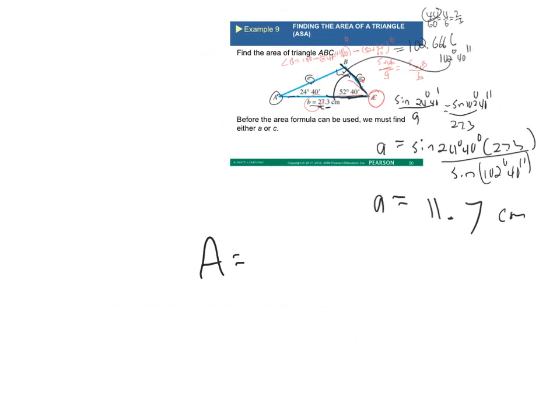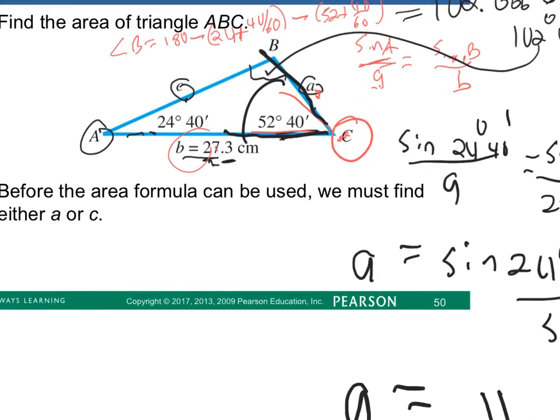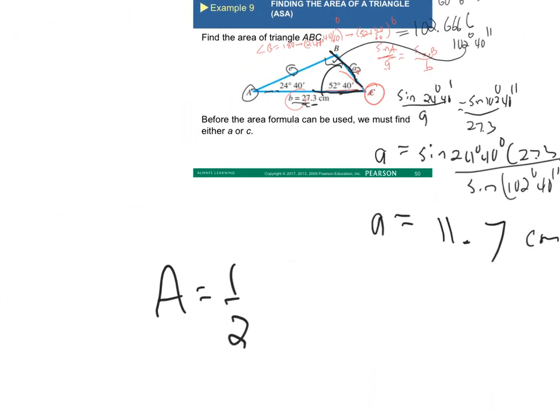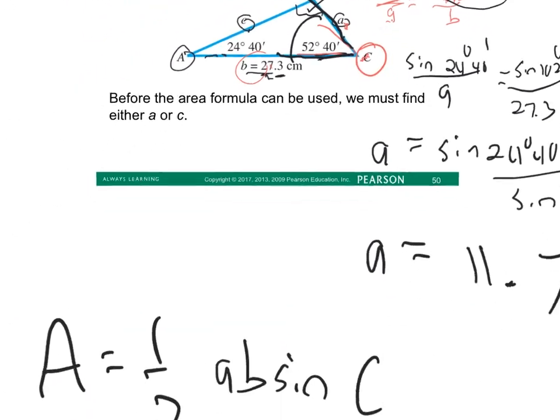So area is 1/2. In this case, the letters, not that it matters, would be A and B. It just happens to be AB, sine of angle C. Sine of C. That's what it is. Okay.